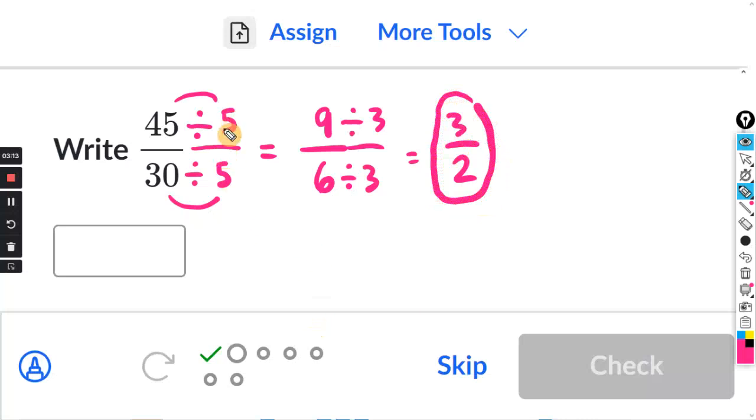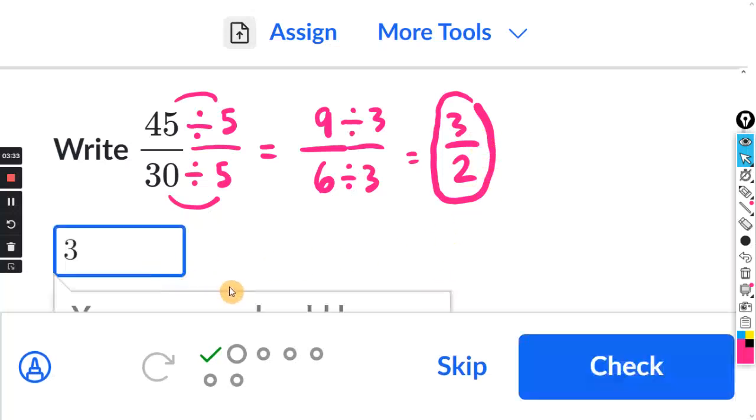So if you don't get the greatest common factor at first, that is okay. You can just keep going. All right, if you have another pair of numbers with a common factor, you can use that and just keep going until you get it in simplest form or reduced form. So this is just 3 over 2. Inside the box, you type 3/2.